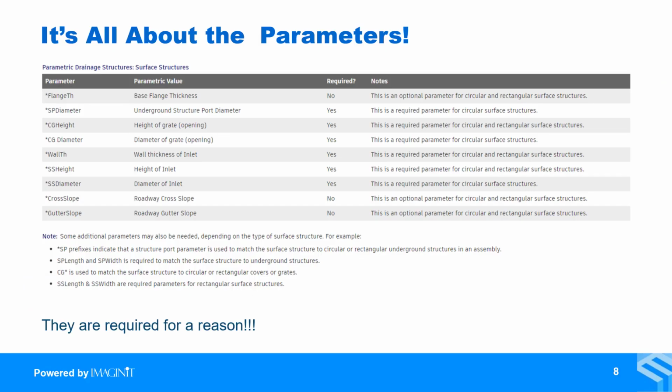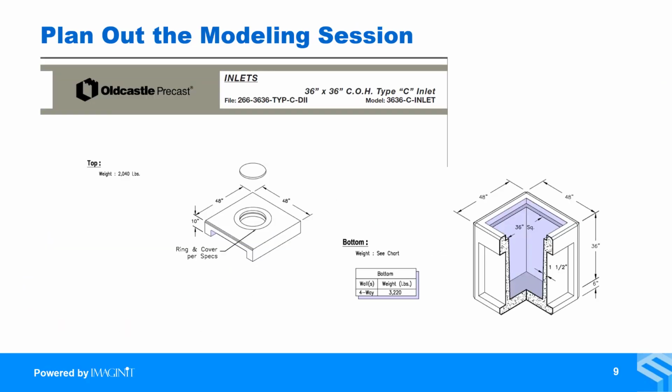All right, so enough of that. Back into our last slide: plan out the modeling session. So this is the part that we are going to model, and it's a City of Houston Type C inlet. You'll notice that it is not the world's most complicated inlet. I recommend starting off relatively simple.